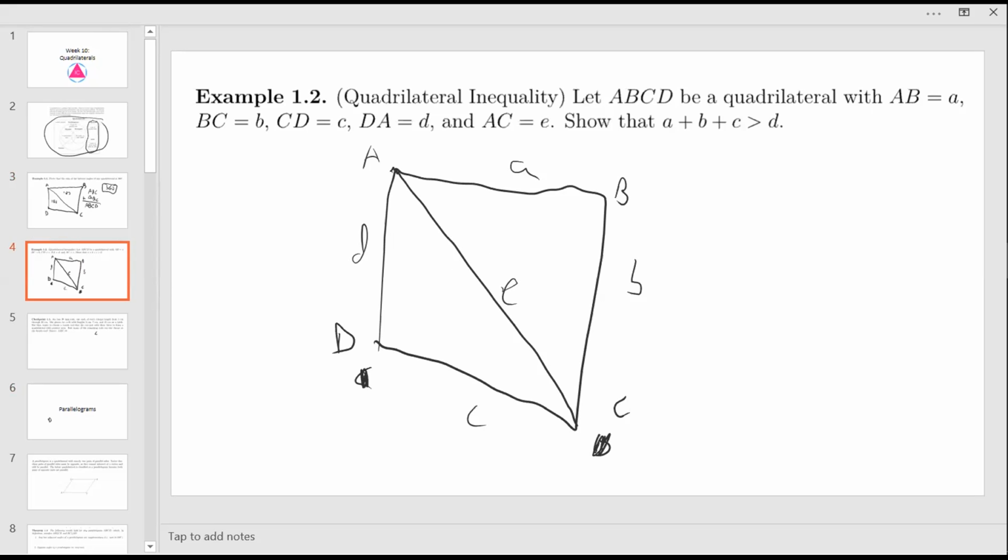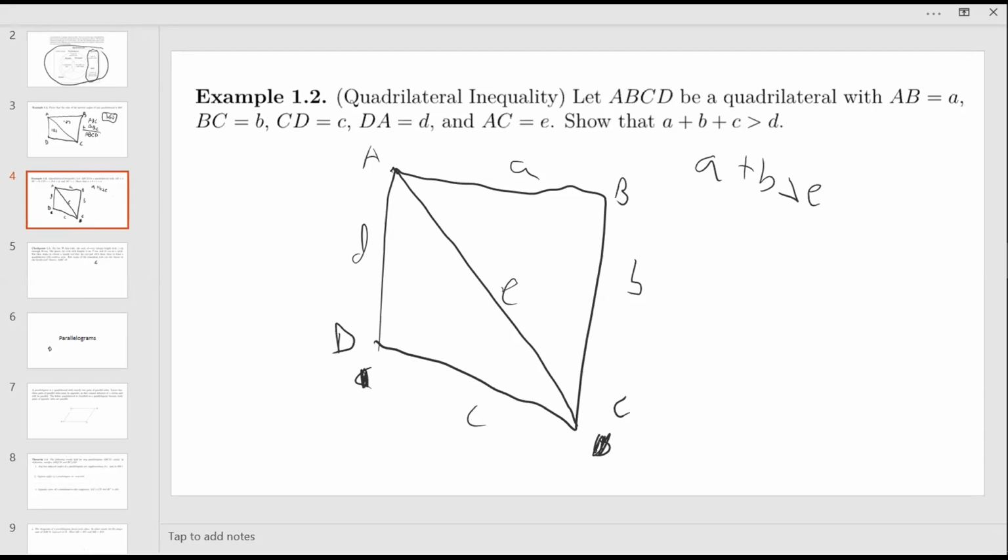So if you guys remember the triangle inequality, it says that the sum of two sides of any triangle is always greater than the third. So if you look at triangle ABC, from the triangle inequality, you get that A plus B is greater than E. Now, if we apply the triangle inequality to triangle ADC right here, we get E plus C is greater than D. So now we can combine these two inequalities by adding C to the first inequality.